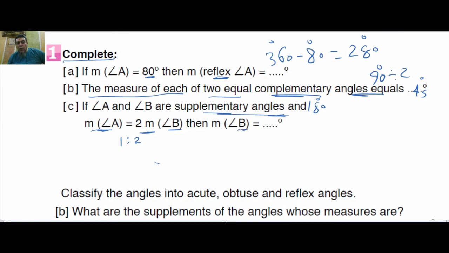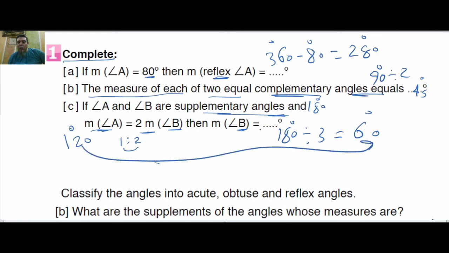To find measure of angle A, divide 180 by 1 plus 2, which is 3, equals 60 degrees. Then measure of angle B equals 120 degrees. 120 plus 60 equals 180 degrees.